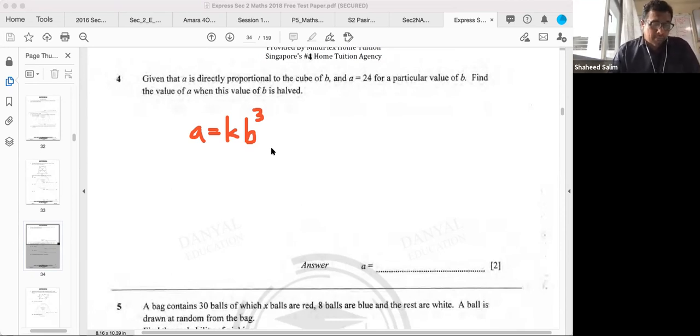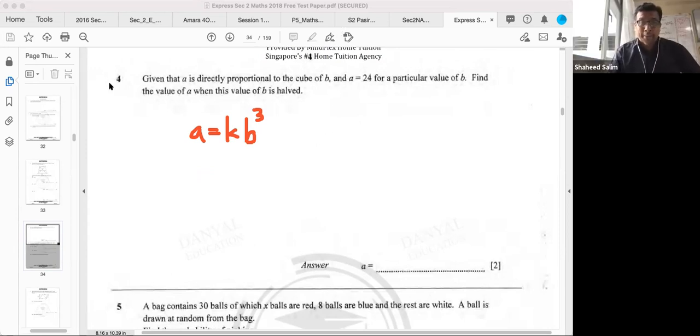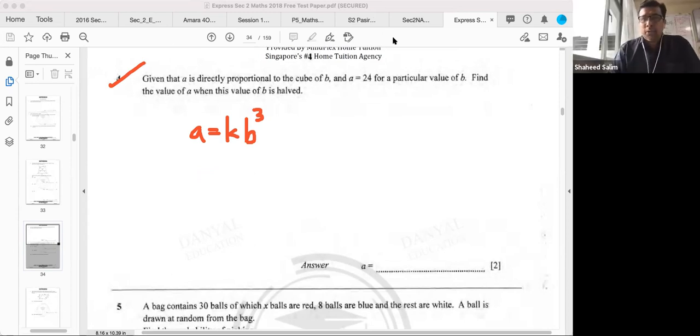But I think we cannot find k because they don't give us the value of k, correct? Oh, this was my question in paper one. Oh, really? It came out exactly like this. They changed it to y and x. Okay, that means you won't be getting this question. We move on.